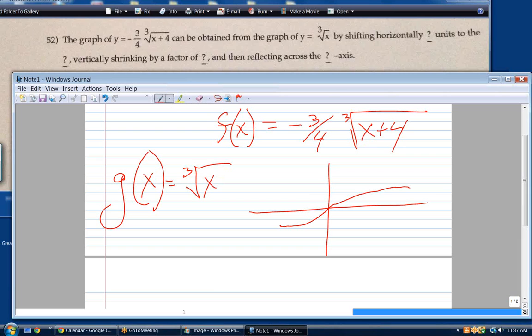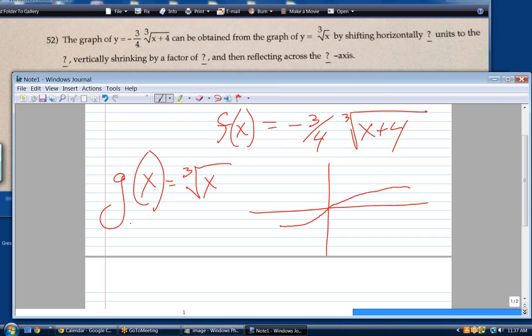The elementary function we're dealing with here is cube root, this plus 4 is inside the function, but this 3/4 and the negative sign are outside the function.